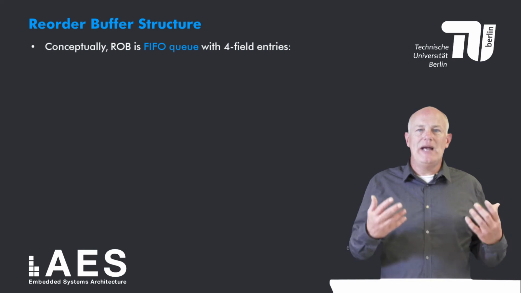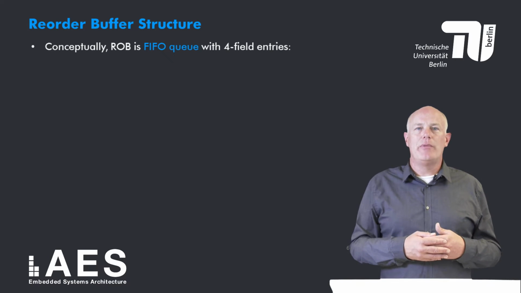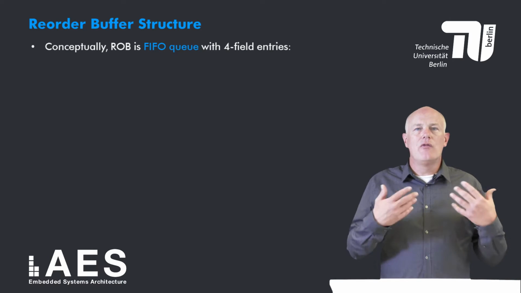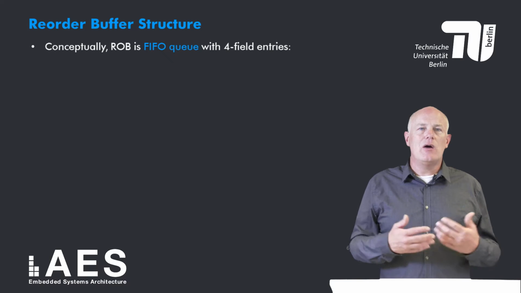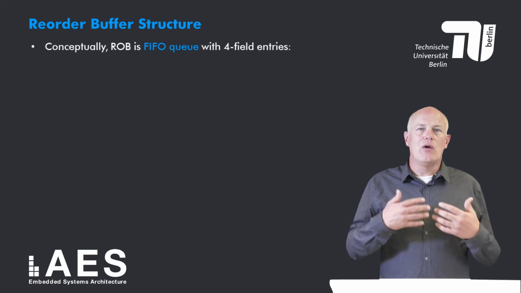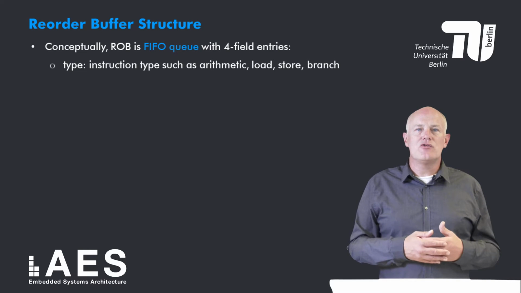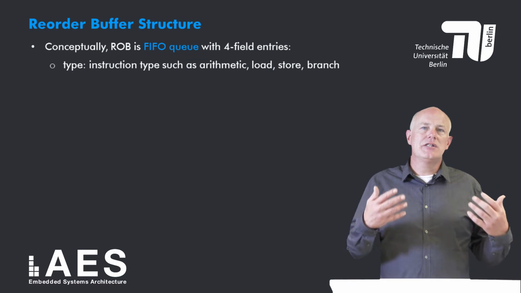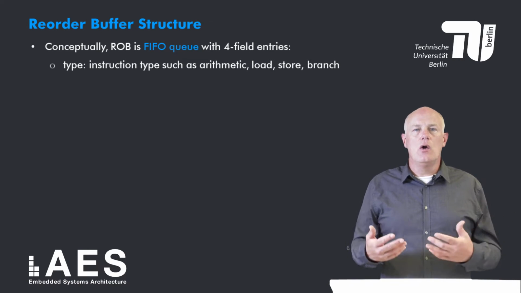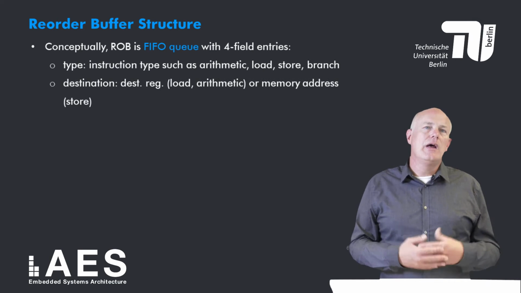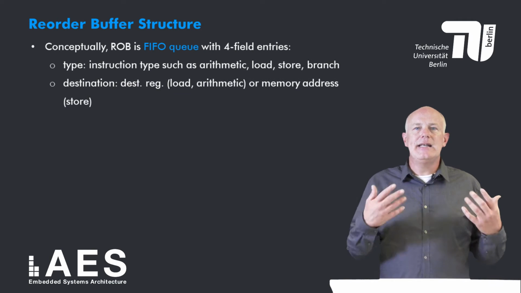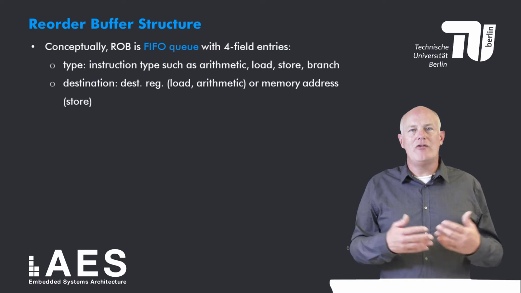Now I describe the basic structure of the reorder buffer. Conceptually, the ROB is a first in, first out queue with entries consisting of 4 fields. The first field denotes the type of the instruction contained in the entry, such as an arithmetic instruction, a load, a store, or a branch. The second field indicates the destination of the instruction, where it writes to.